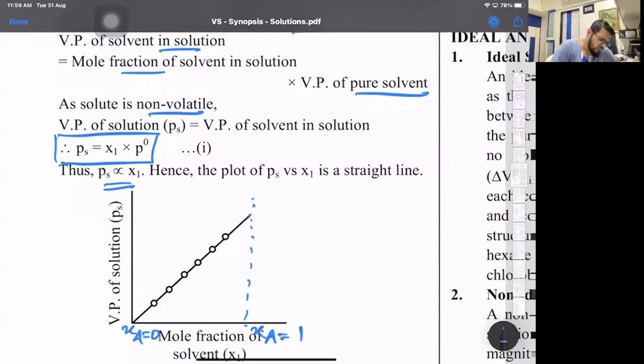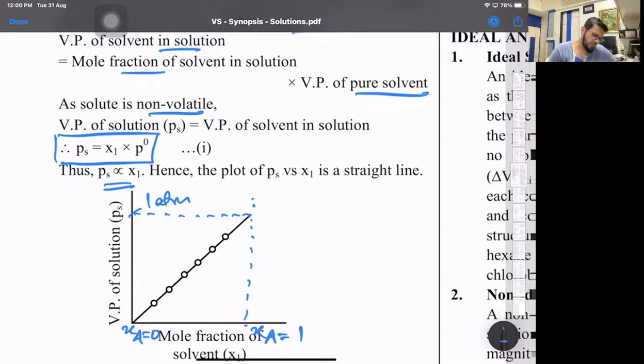And if I talk in terms of the vapor pressure on the y-axis, then where it cuts, that's going to be 1 atmosphere. When we say vapor pressure is equal to atmospheric pressure, that's its boiling point.